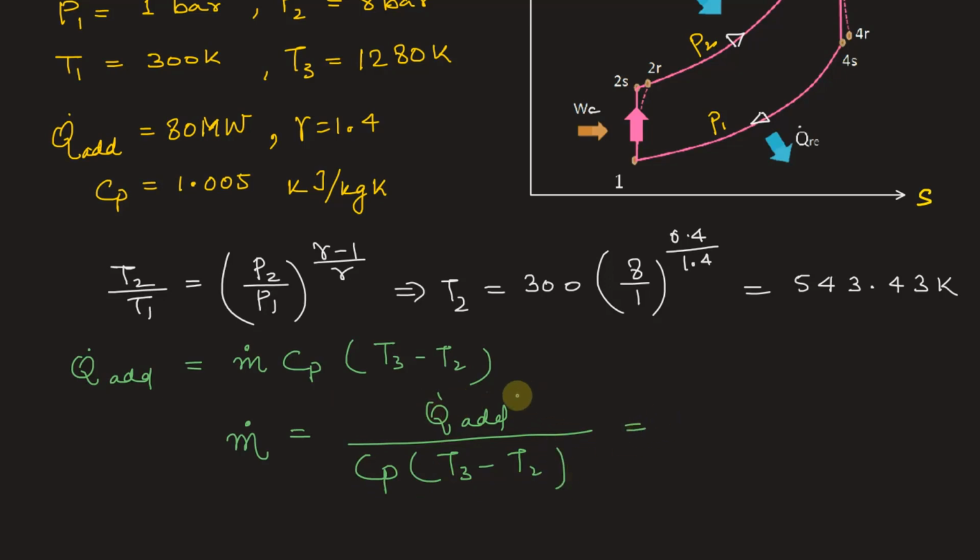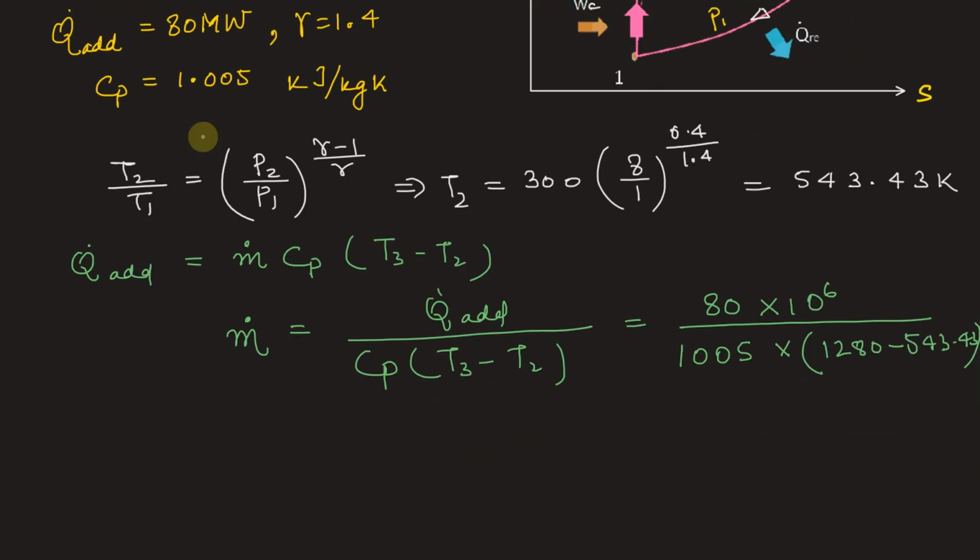Heat added is 80 megawatt, so we can write 80 into 10 to the power of 6 watt, divided by Cp, which is 1005 joule per kilogram Kelvin, multiplied by T3 minus T2, that is 1280 minus 543.43 Kelvin.